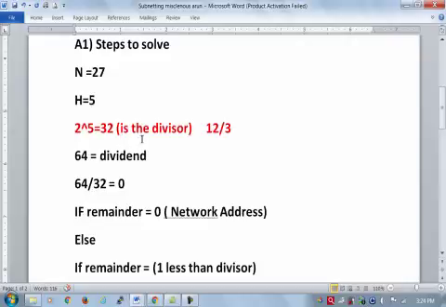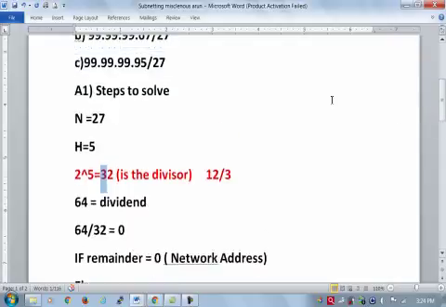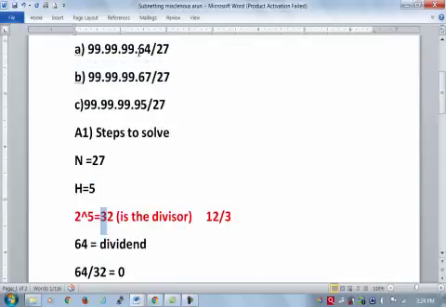So what I told you is the procedure to find out whether a given IP address is a network address, a broadcast address, or a host IP address. The 32 becomes the divisor and 64 is the dividend. I hope you understood how I took the 64: it is nothing but the last octet decimal number.